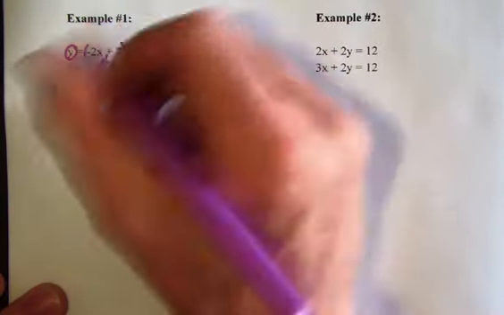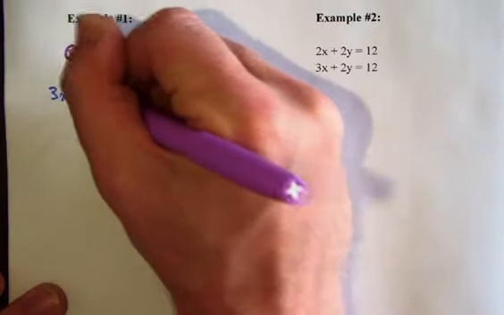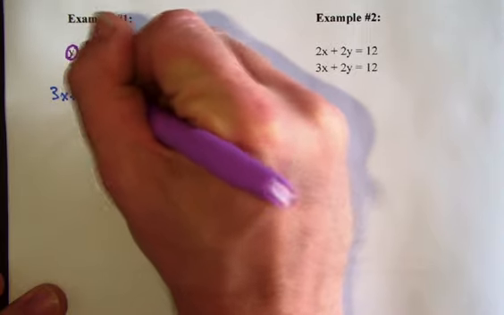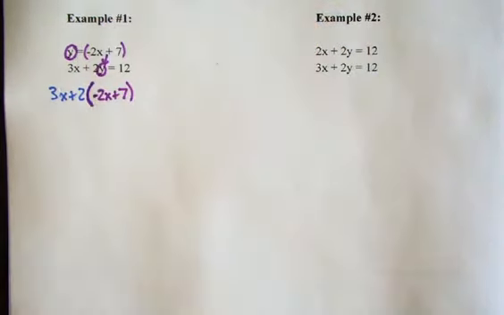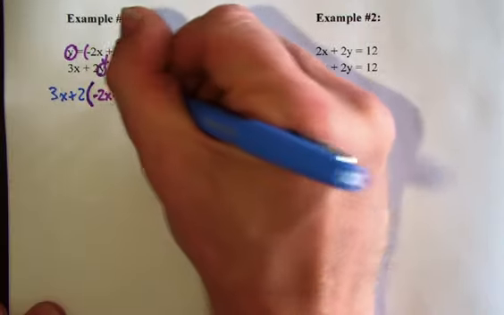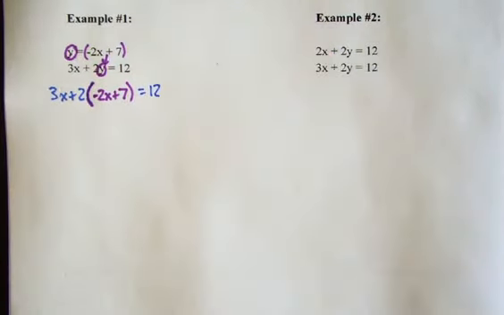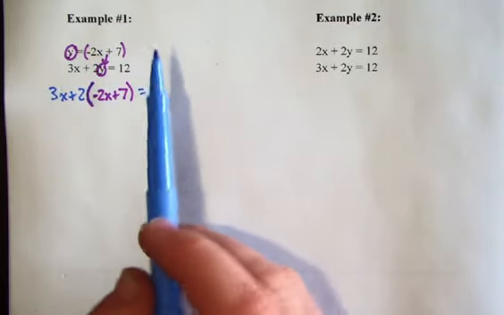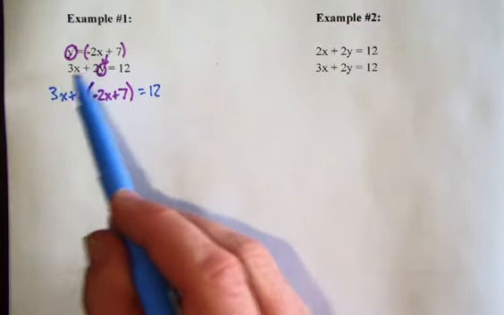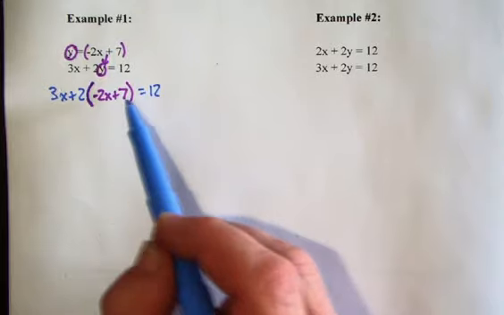We've got negative 2x plus 7, so I'm going to make this purple, negative 2x plus 7 equals 12. Okay? Do you see how I did that? So we had y equals negative 2x plus 7. That plugs in for the y here. So we have 3x plus 2 times this, which is negative 2x plus 7 equals 12.